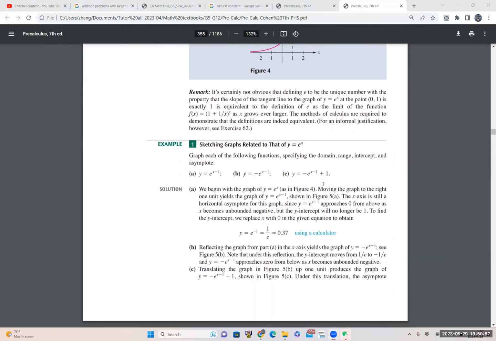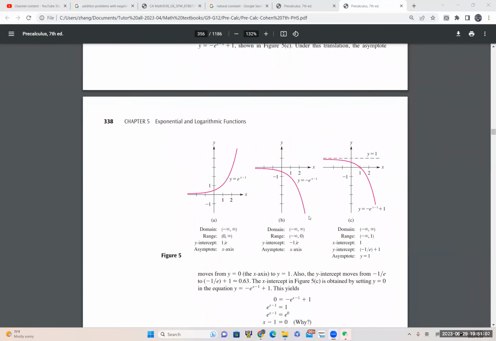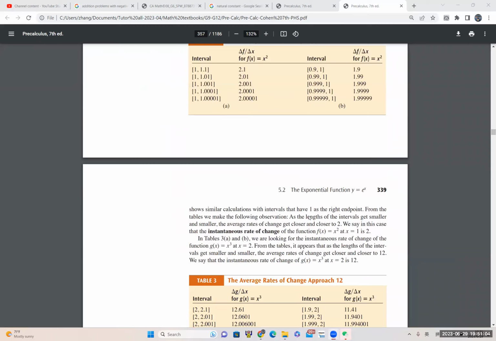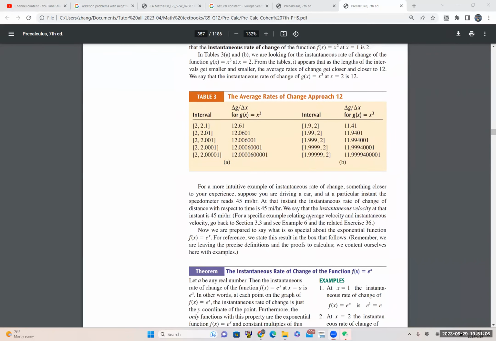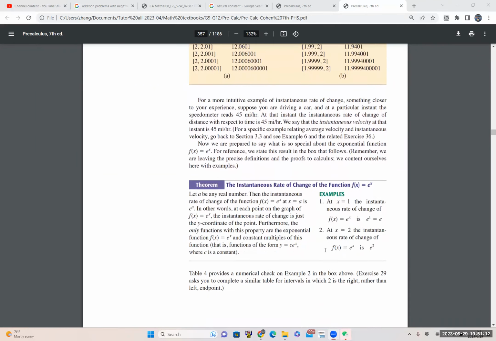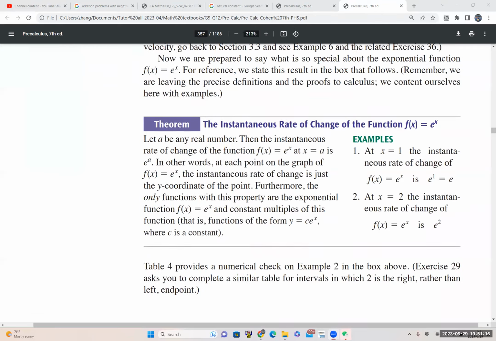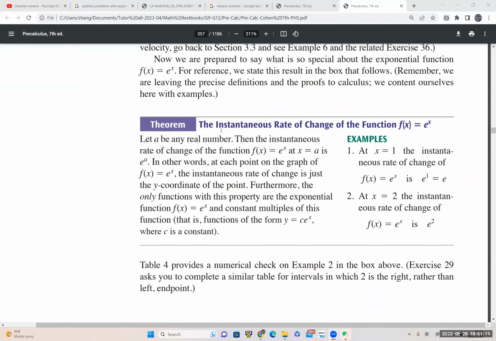Then transformation, right? So we will not really spend time on it. What's this? Average rate of change. The instantaneous rate of change of this is just itself, right?